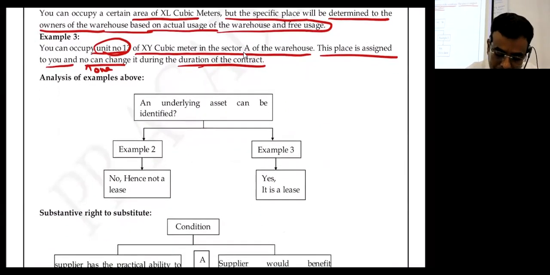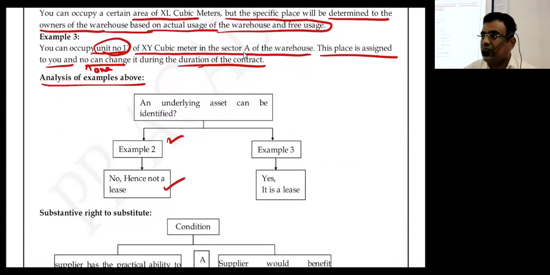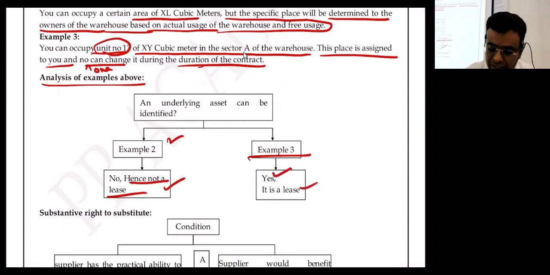Okay, analysis of the above examples. Can an underlying asset be identified? Example number 2: no. There is no identifiable asset, hence it's not a lease. I hope you are clear. Second case, example number 3: yes, it is a lease, because in the third example in our workbook, an identifiable asset is there. I was able to identify your seat.